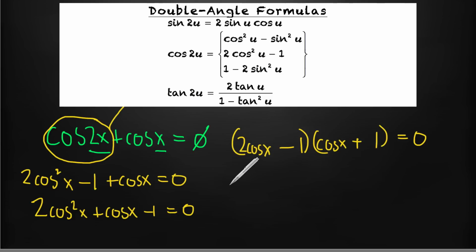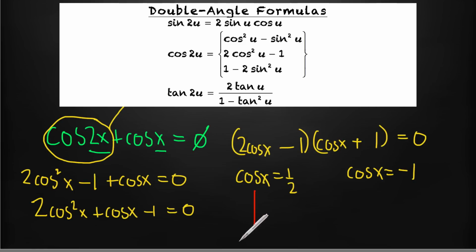And so if we set them equal to 0, we get cosine of x equals 1/2, and cosine of x equals -1. Now we have to think on our unit circle, where is the cosine of x equal to 1/2?